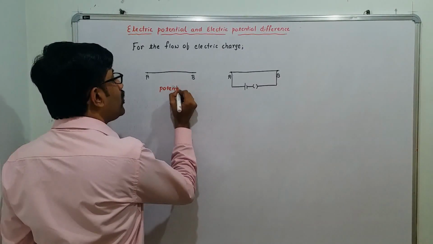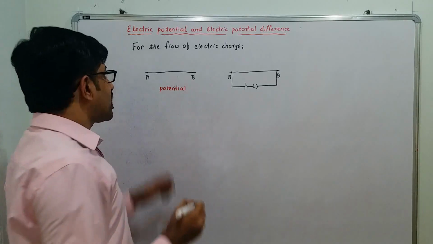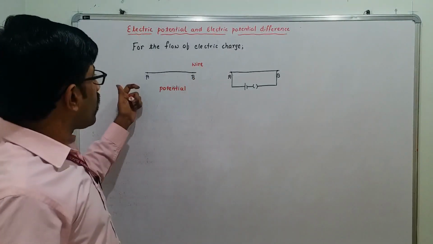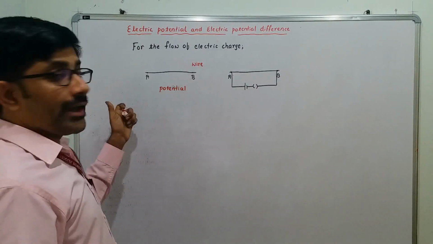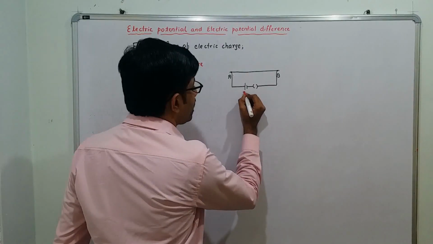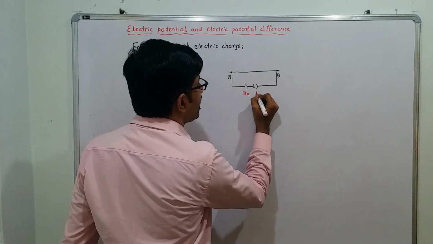Now how do you move the electric charge in this wire from A to B or B to A? For that you give a battery as a supply and a key.